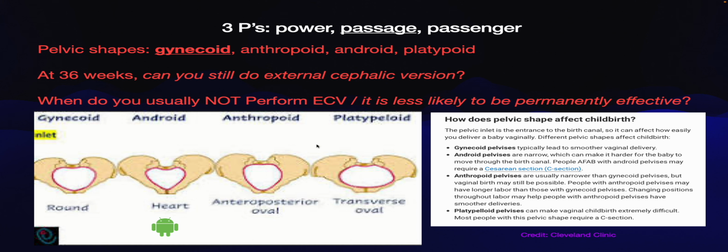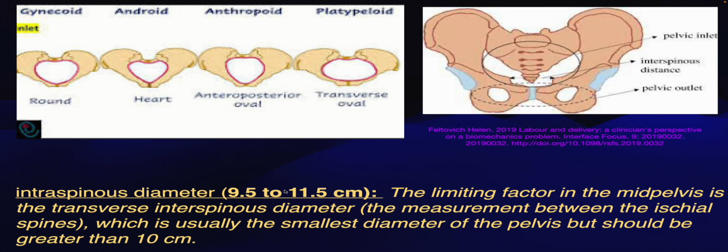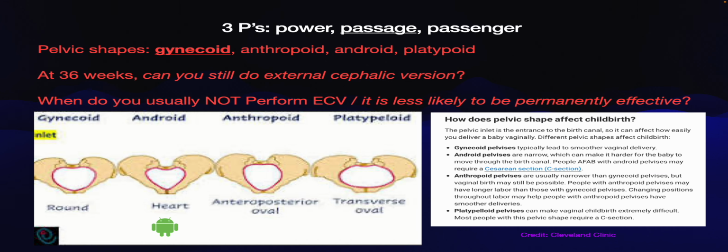And anthropoid, as you can see, is slightly more narrow than this big round heart-shaped gynecoid. It's not the worst pelvic shape. It is possible to have vaginal deliveries, but they tend to have longer labor than those with the more ideal gynecoid pelvises.